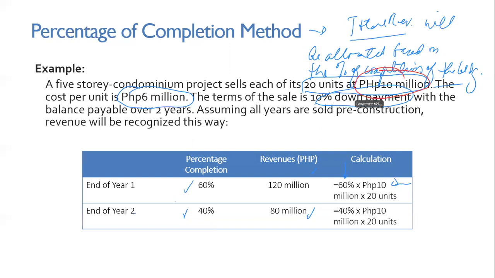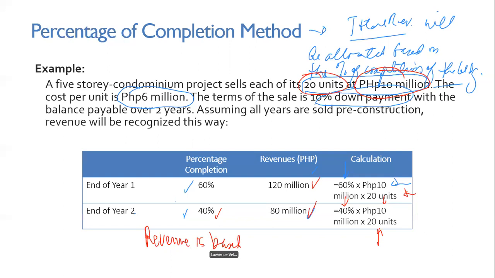And then there are 20 units to sell. So that's why this is 120 million of revenues. Sa year 2, complete na 40%. So 40% times 10 times 20 units. Kaya 80 million.